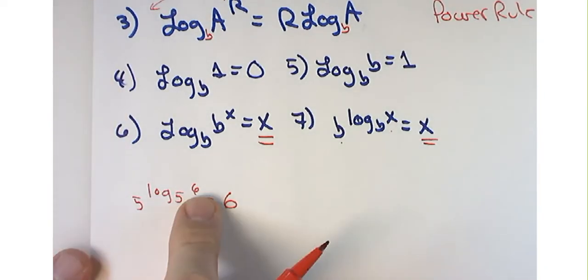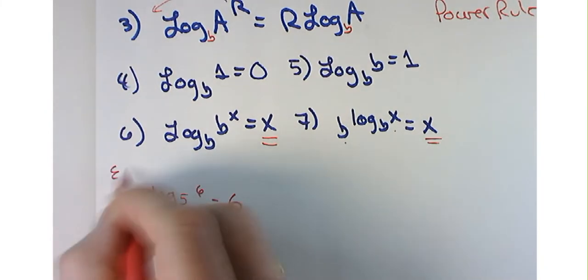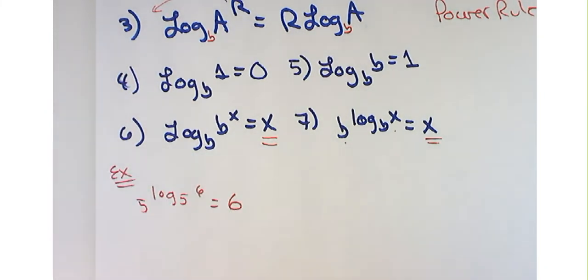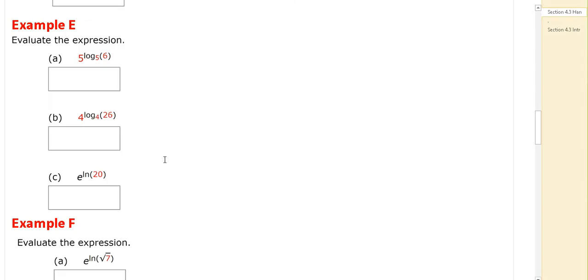The answer is just 6. Let's try another one like that. 4 to the log base 4 of 26. And then the last one is e to the ln of 20.